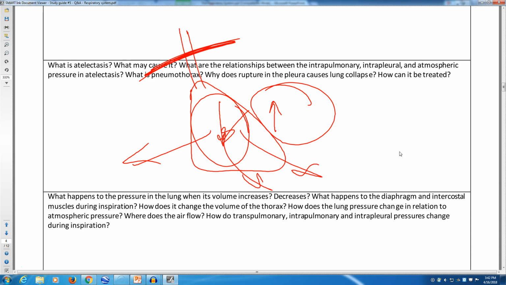Basically, your pulmonary circulation sucks the gas out of the alveoli. Pressure drops, lung collapses. Does that make sense? So, treatment of atelectasis, chest tube. Suck the air out.